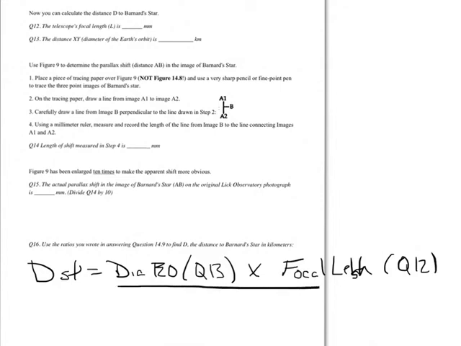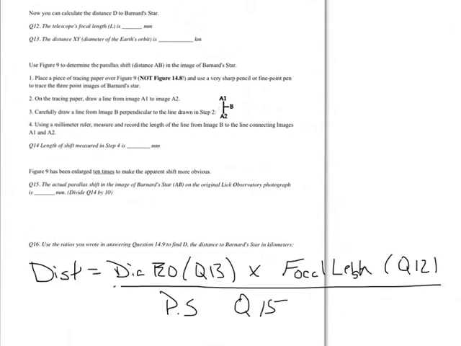And we divide that whole thing by the parallax shift, which is what we just wrote down in Q15. So Q13 times Q12 divided by Q15, and that will give you the distance in kilometers to Barnard's star.